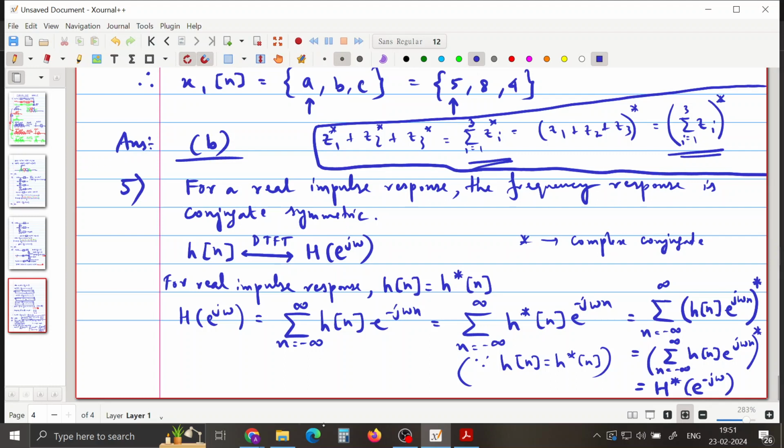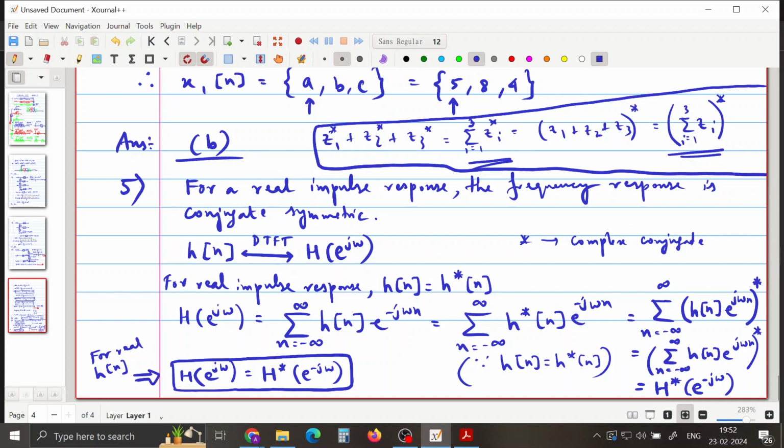So what we saw is that basically if I write it in a box, H of e power j omega is nothing but H star of e power minus j omega, for real impulse response h of n, this is valid. Okay, this is what the conjugate symmetry property tells us. That's a short proof for that I have shown you.